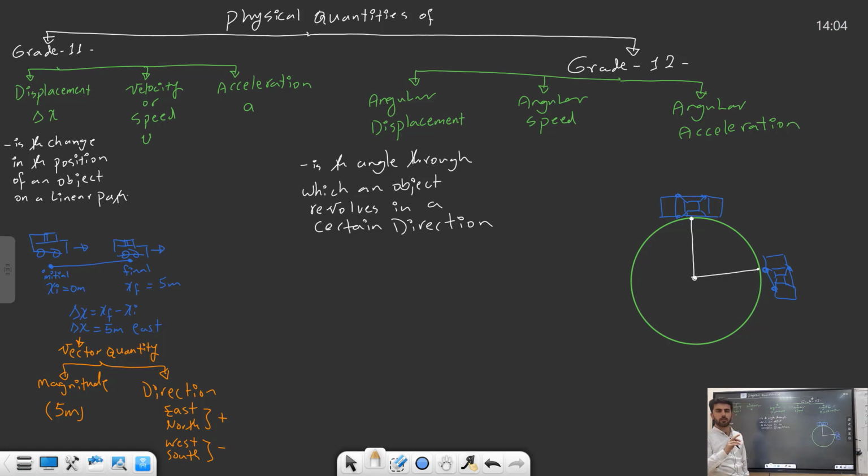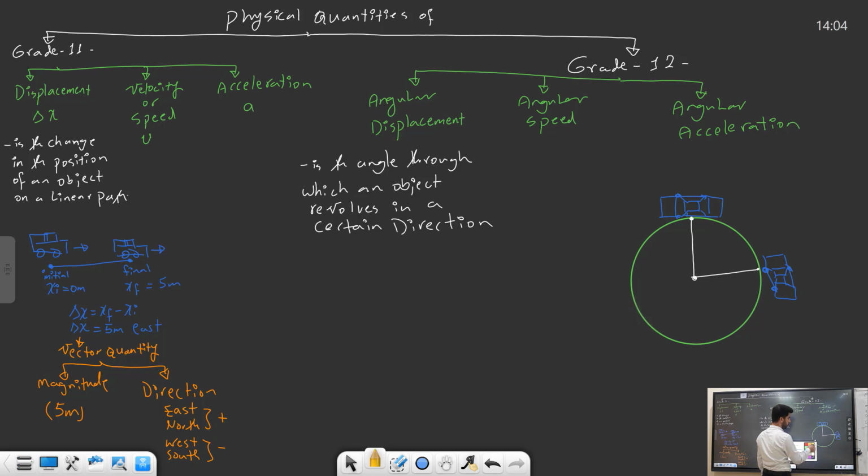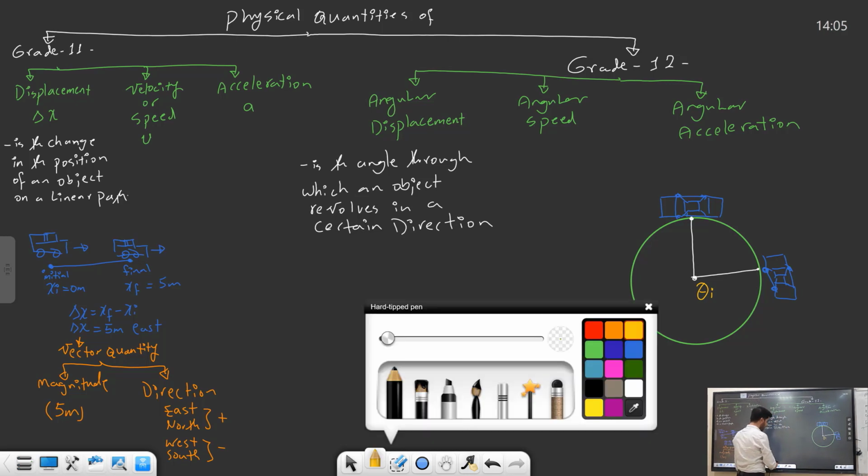One of them is angle. So here, to mark the initial position of the car, I would say theta i. Here I said xi, but here we use theta i because angle is used to find the amount of revolution of an object.